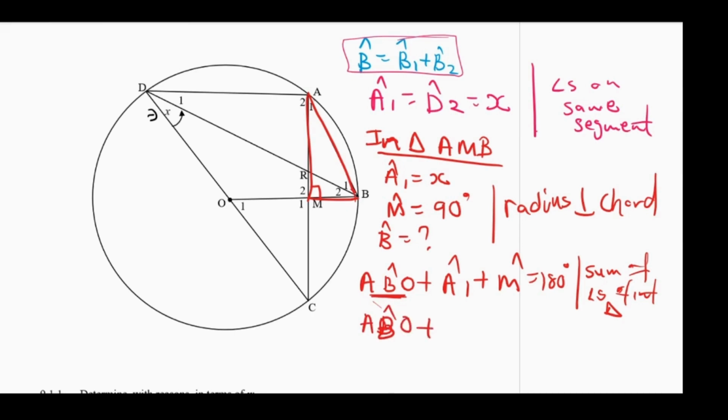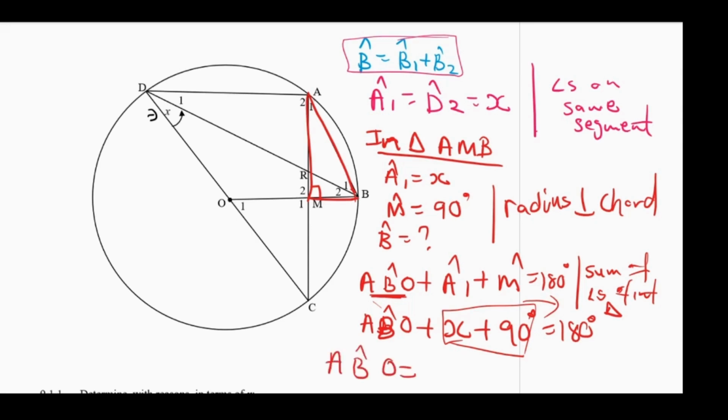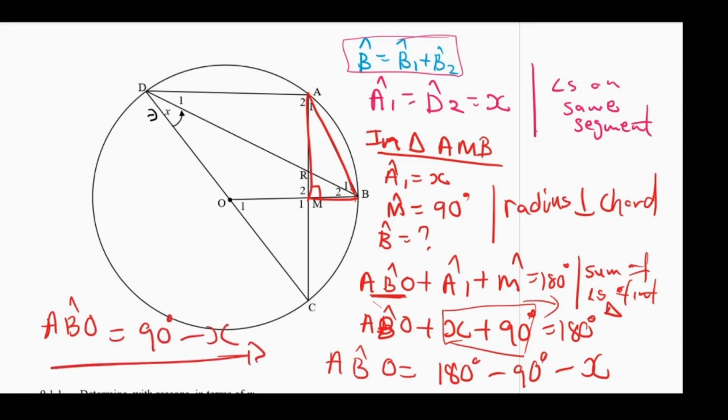ABO plus A1, which is X, plus 90 degrees equals 180 degrees. So we're going to transpose these two to the other side. We will have ABO is equal to 180 degrees minus 90 degrees minus X. So this means angle ABO will be equal to 90 degrees minus X. This would be the solution for this question.